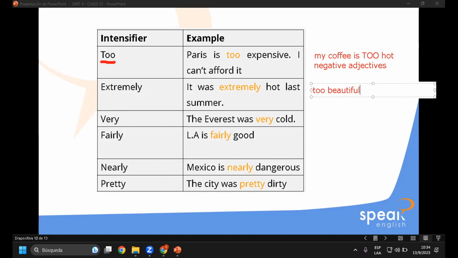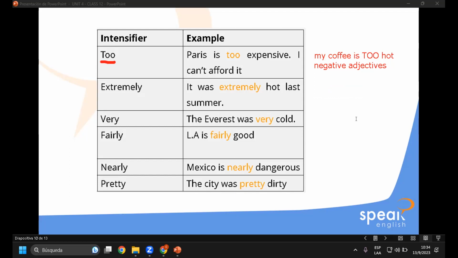What is the translation? Demasiado hermosa. Exactly. It's like demasiado beautiful. So, it doesn't match. Okay? So we don't use too with positive adjectives. We use too with negative adjectives.